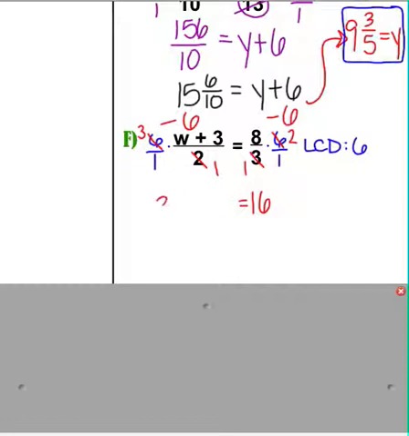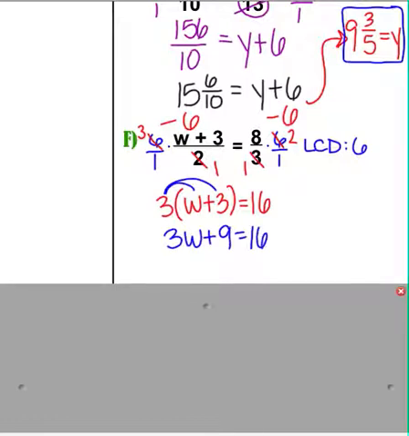So now I've got 3 times w plus 3. So I have some distributive property to use. So I'm going to go ahead and distribute that 3, giving me 3w plus 9 equals 16.